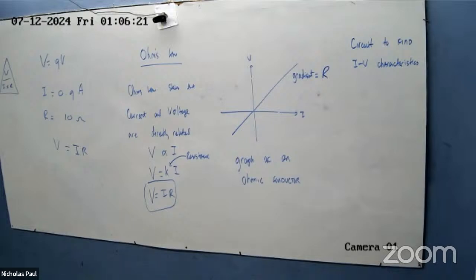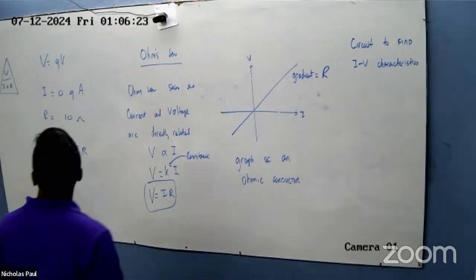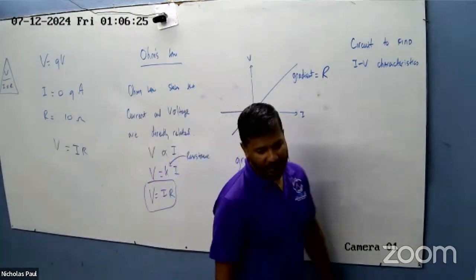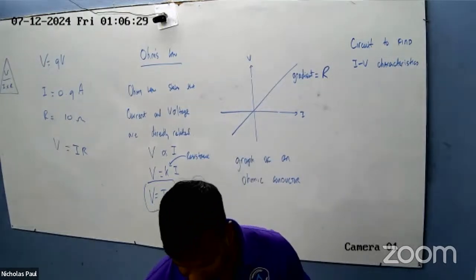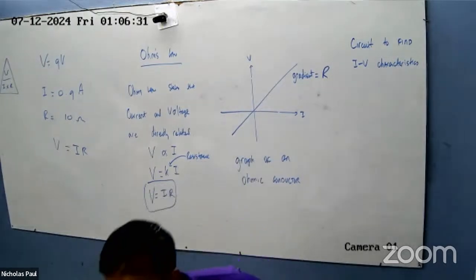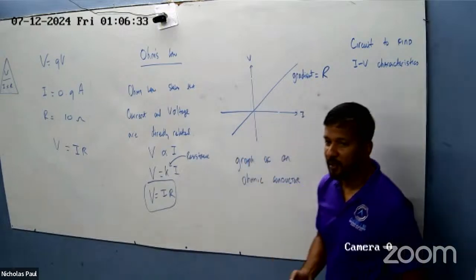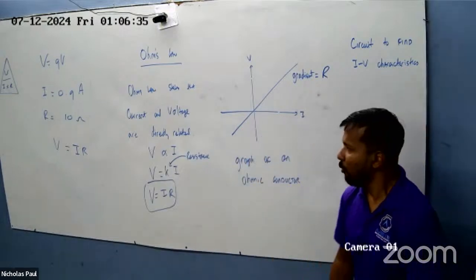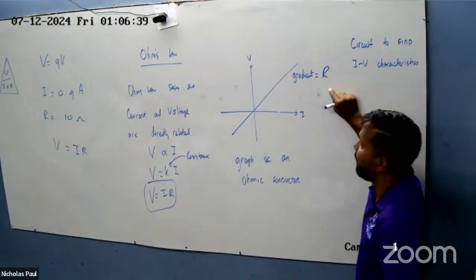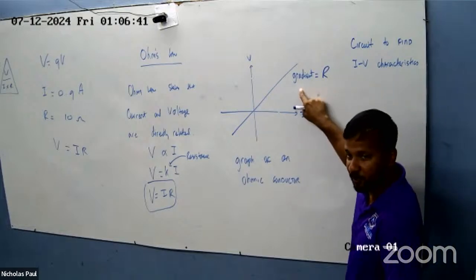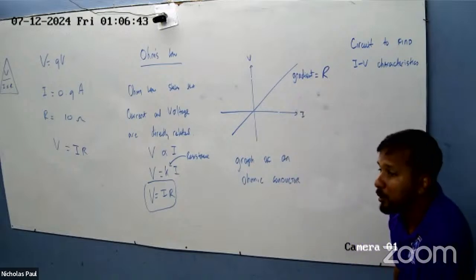What is the circuit that's going to allow us to find I and V? Well, no, we don't need a resistor. It will help us find the resistance in this circuit, right? But what do we need?